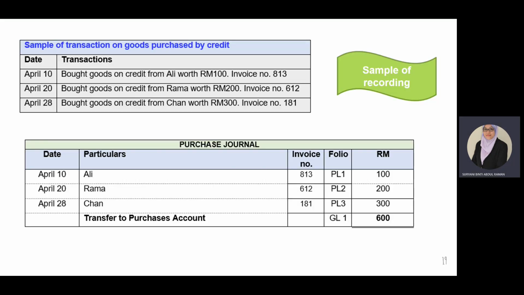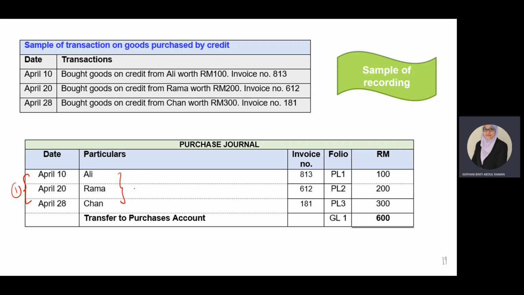Okay, let us look at the following example to have a better understanding. These are the sample transactions for goods purchased by credit. We have three transactions here, 10 April, followed by 20th April and 28th April. So the first step is to record the transaction in chronological order. So you start with the first transaction, April 10. You purchase from who?